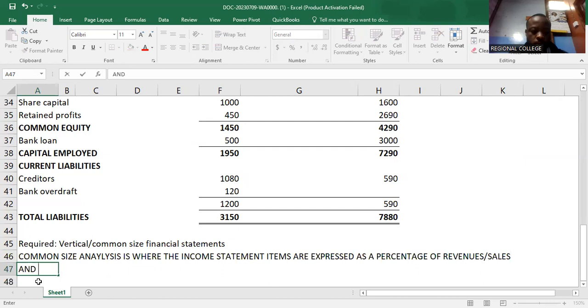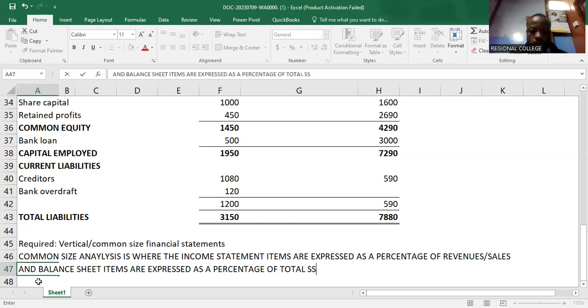And balance sheet items are expressed as a percentage of total assets for assets and total liabilities for liabilities.